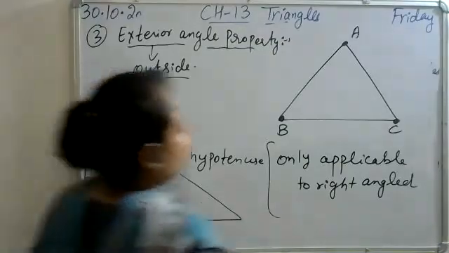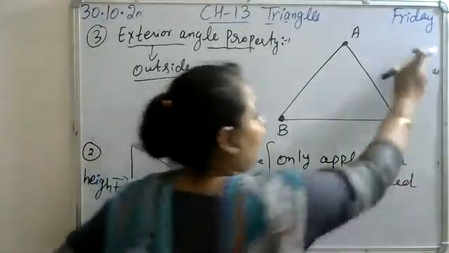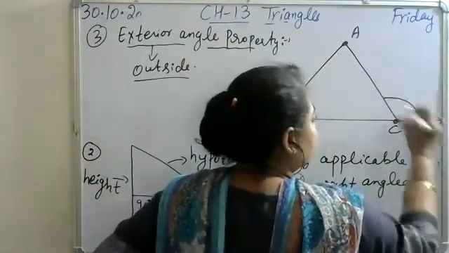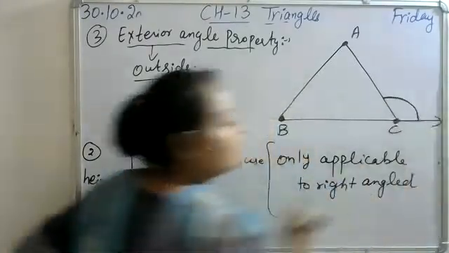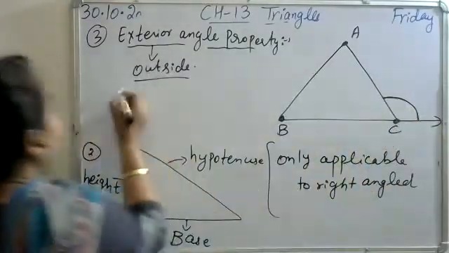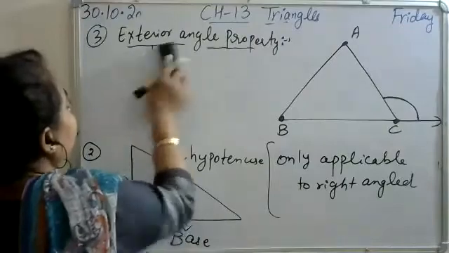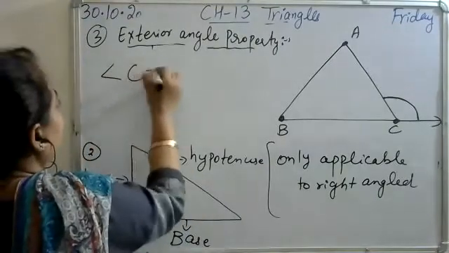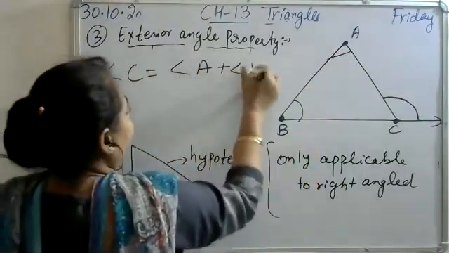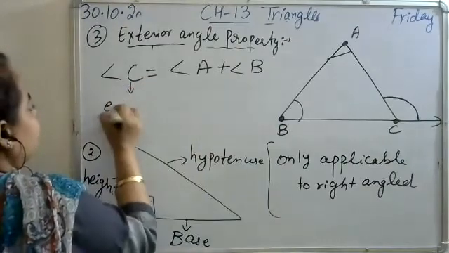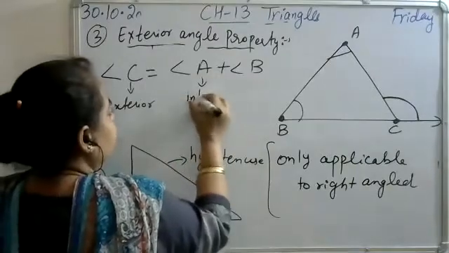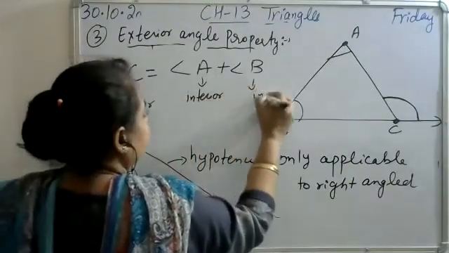So look here. So this is A, B, C. Fine. Now extend it. This is exterior. This is exterior angle outside the boundary. This angle C is equal to angle A plus angle B. So this C is exterior, but these two angles are interior.